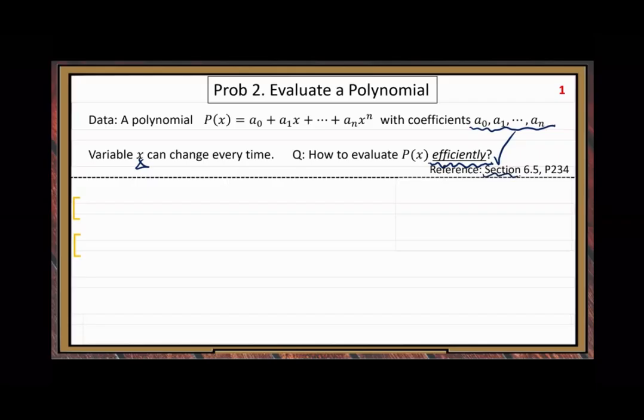So here, let me give you the reference of this topic from our textbook. It is in section 6.5. So why do I pick a topic from some late chapter? There are two reasons. First, we need to do some preparation for our first programming project, and I feel this topic is very interesting for it.